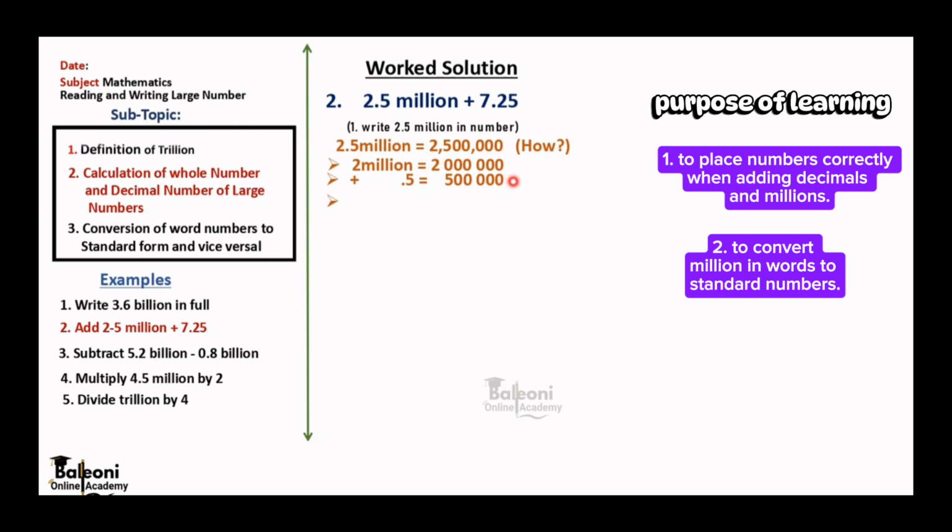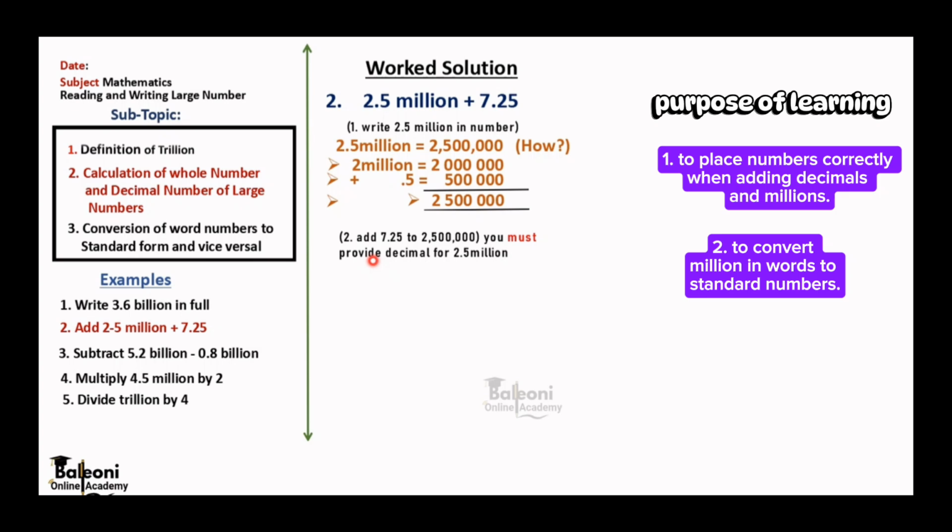So what we need to do is to add the two figures together, and this is what we are going to get. So that is how we arrived at the answer 2,500,000. Now, let's add 7.25 to it.